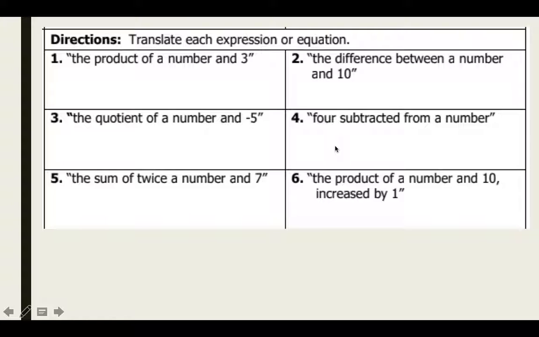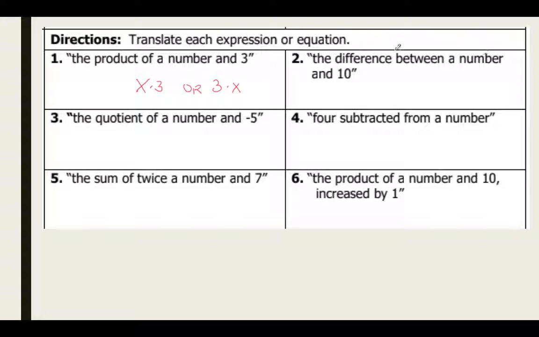Okay, translate each phrase into an expression or equation. The product of a number and 3, we'll just call the number x. So x times 3, or 3 times x, it doesn't matter since we're multiplying.